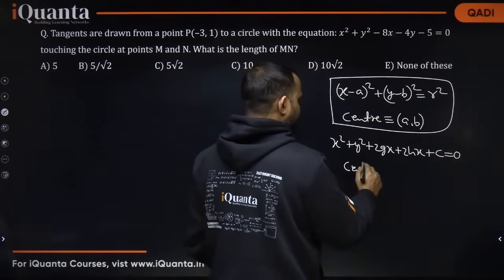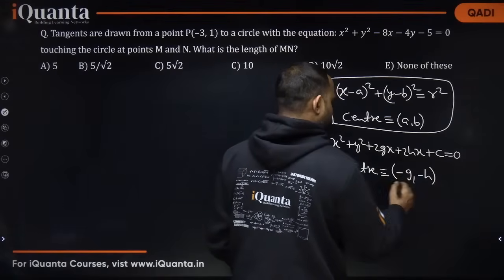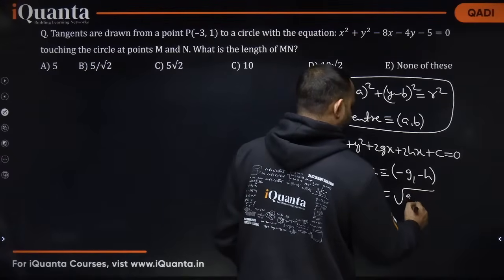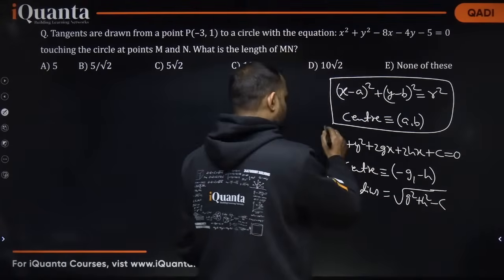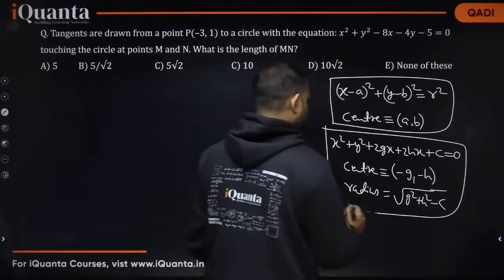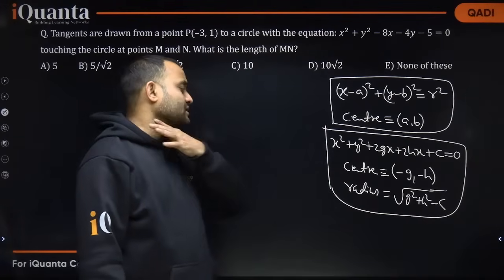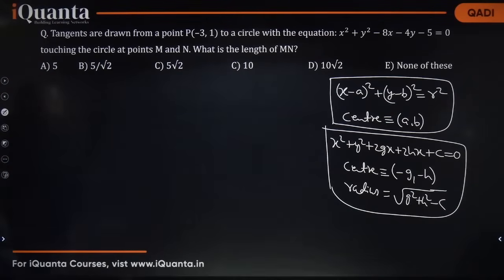In that case, center will be minus g, minus h, and radius will be square root of g square plus h square minus c. So there are two ways of writing the equation of circle, either this or this. And that will be used in this question.